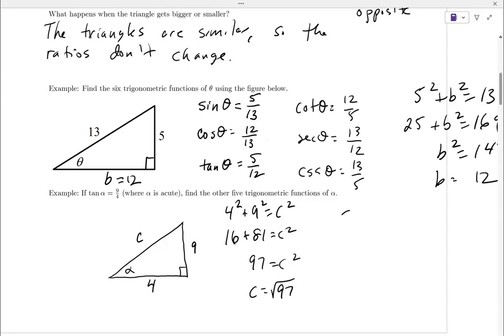What's sine of alpha going to be? Yeah, the opposite over the hypotenuse, so 9 over the square root of 97. Do you think I give a rip if you rationalize that denominator? No, I do not care. Do not waste time rationalizing the denominator.